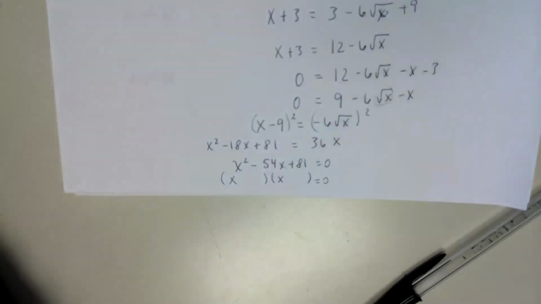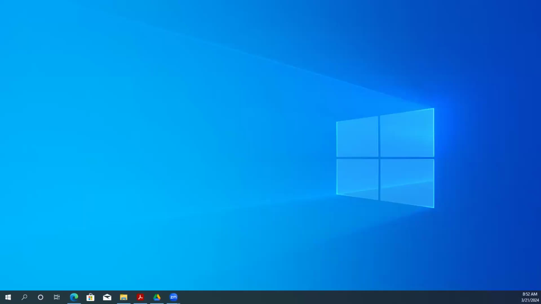Let's just put this one in because it's always good to check. So if we have the square root of x plus 3 equals square root of x minus 3.